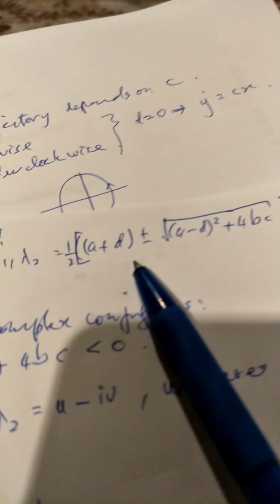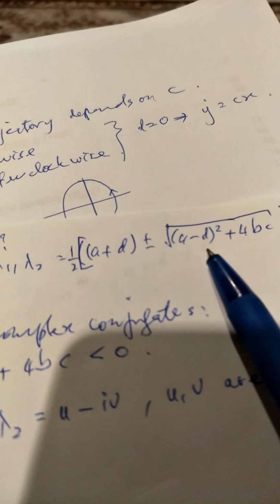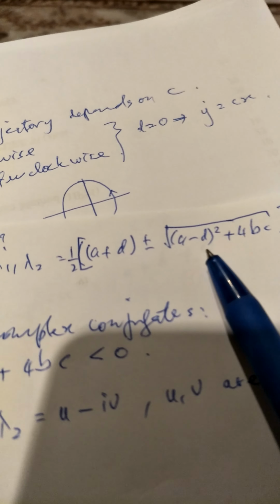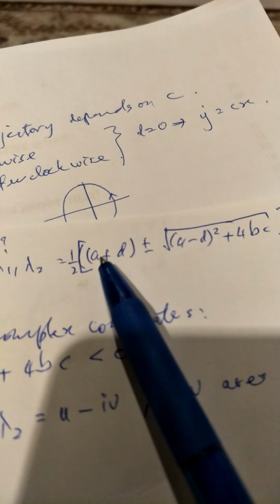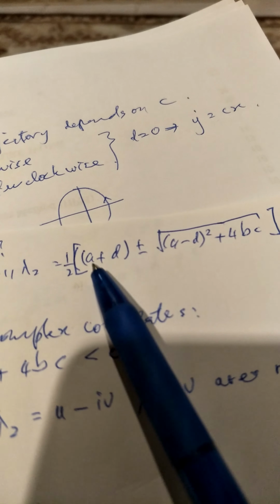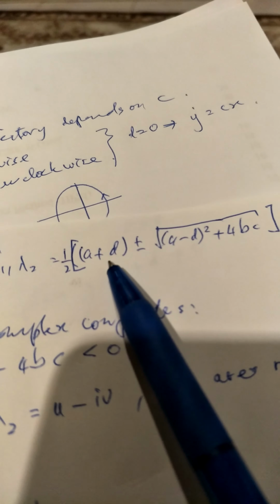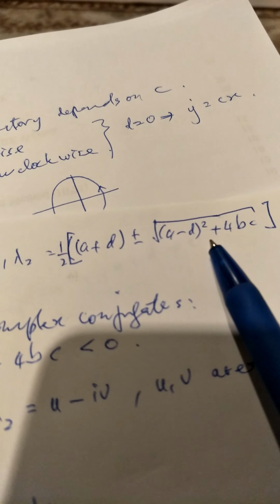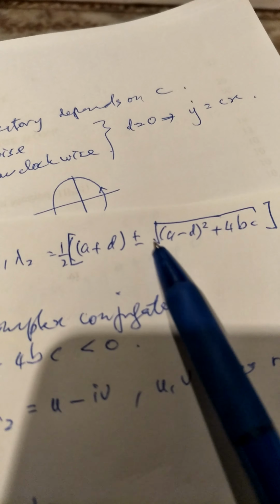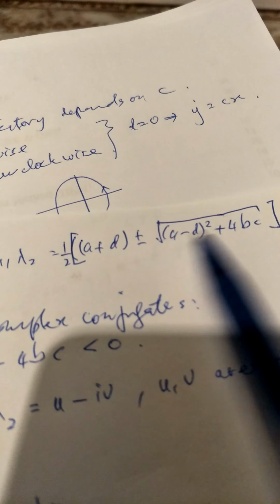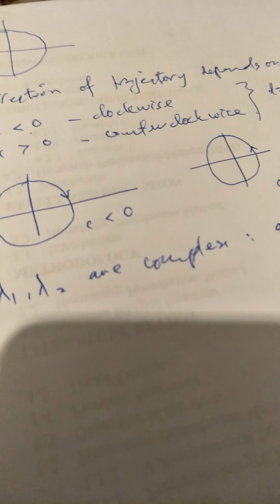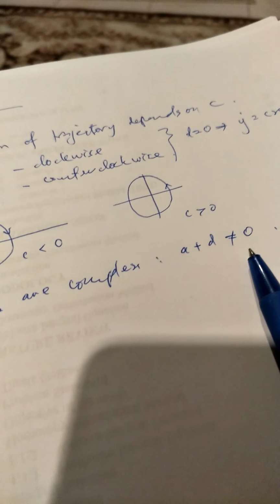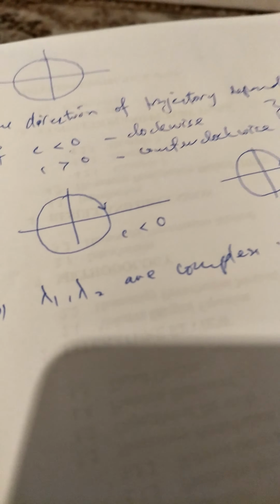In order to have complex, not purely imaginary, roots, we have the real part and the imaginary part, so a plus d cannot be 0. If this is not 0, then we have complex roots.